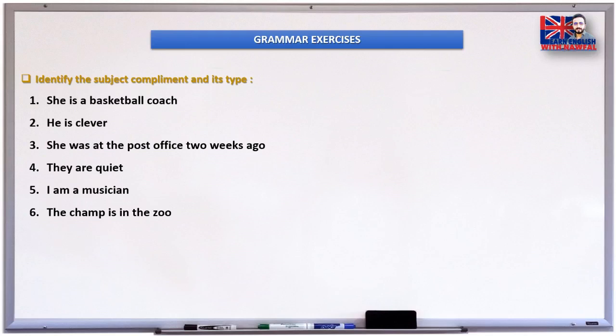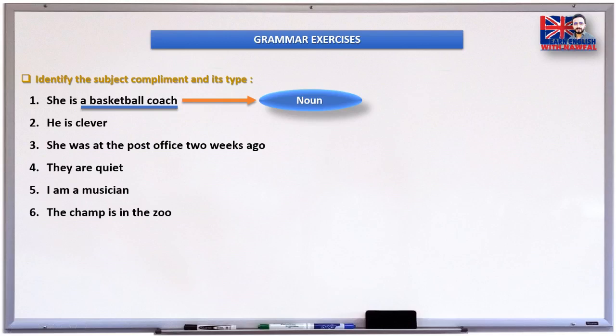Yes, the subject complement is a basketball coach. And of course, its type is a noun. Yes, it is a noun. Great. So we used this subject complement to describe this girl.